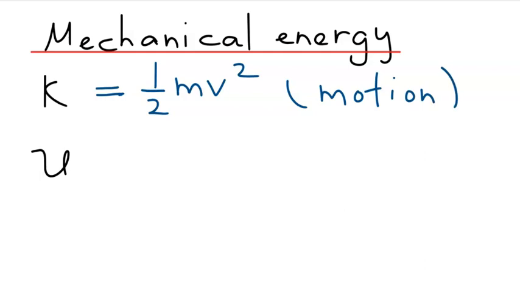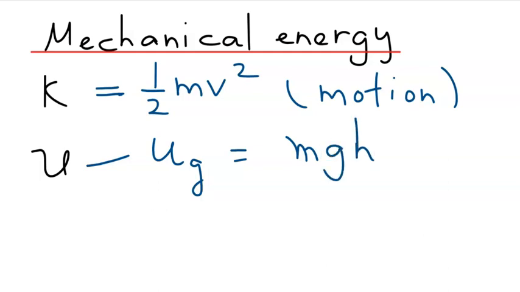The second type is the potential energy. Now, it could be gravitational potential energy, in the case of which the expression is given by the mass of the object times the gravitational acceleration times the position of the object in the gravitational field, denoted by this h.